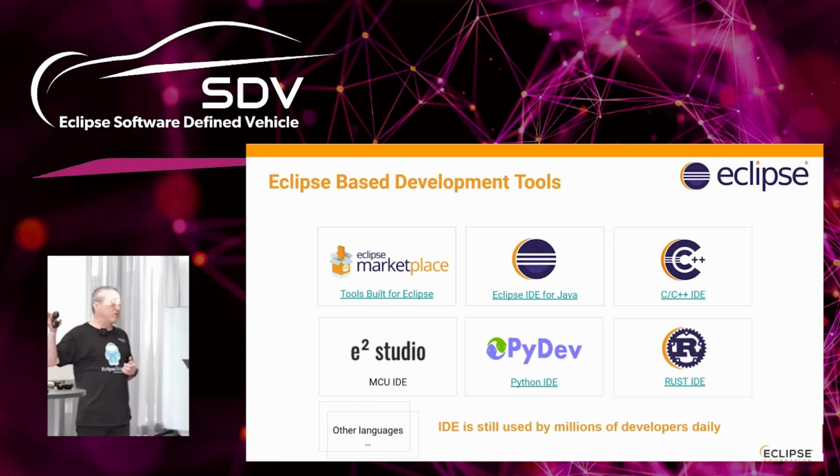Eclipse IDE has existed for more than 20 years, so I won't tell you that everything is alive and fully up to date among the around 1,000 tools of the marketplace. But this is still a very active community.